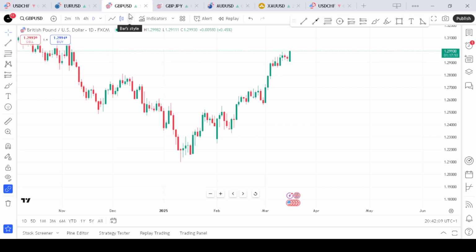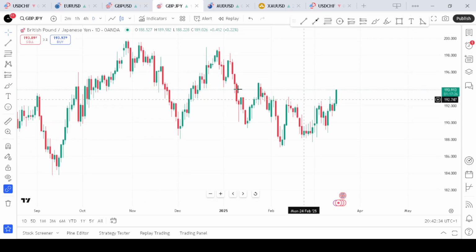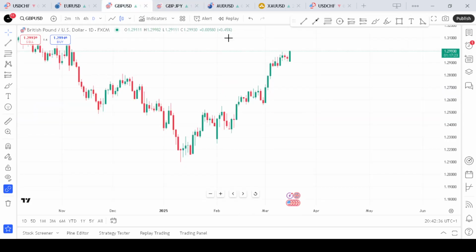If one trade incurs a loss due to market fluctuation, the other is likely to generate gains, balancing the overall outcome. This strategy minimizes the impact of adverse price movement while keeping your trades active. So as we can see, they basically move in the same direction more often than not.